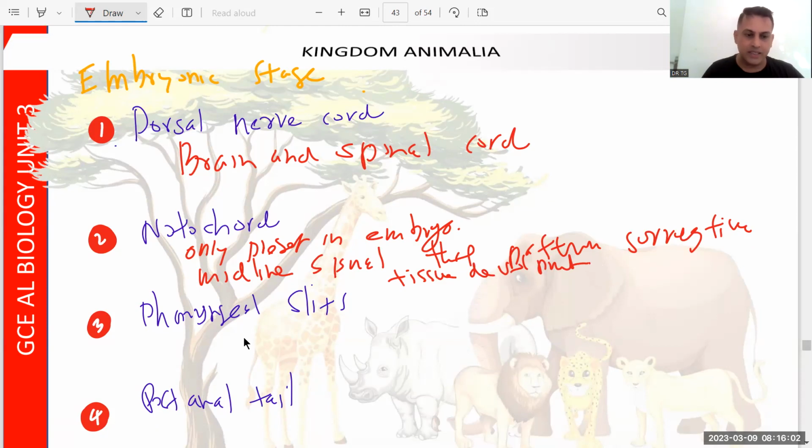Now, pharyngeal slits are openings of the digestive system just behind the mouth, and the pharyngeal slits again disappear in some classes, and in some classes they act as gills. For example, fish and amphibians use them for gas exchange.